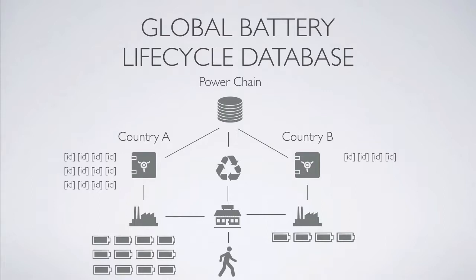The person goes to a store and they purchase the batteries. They use it for the lifetime of the battery. And then the recycling sign represents the point of disposal. And that's the point where the database is then referred back to, and the batteries can be compared to their initial metadata.